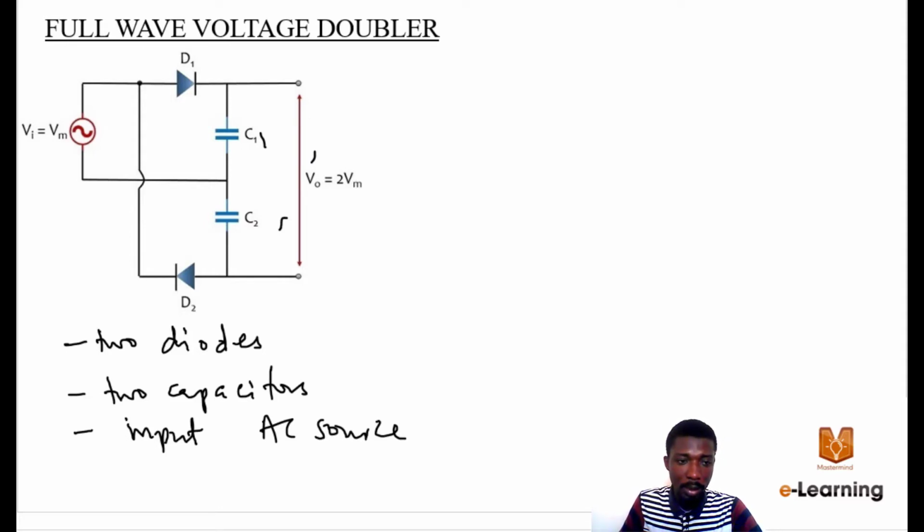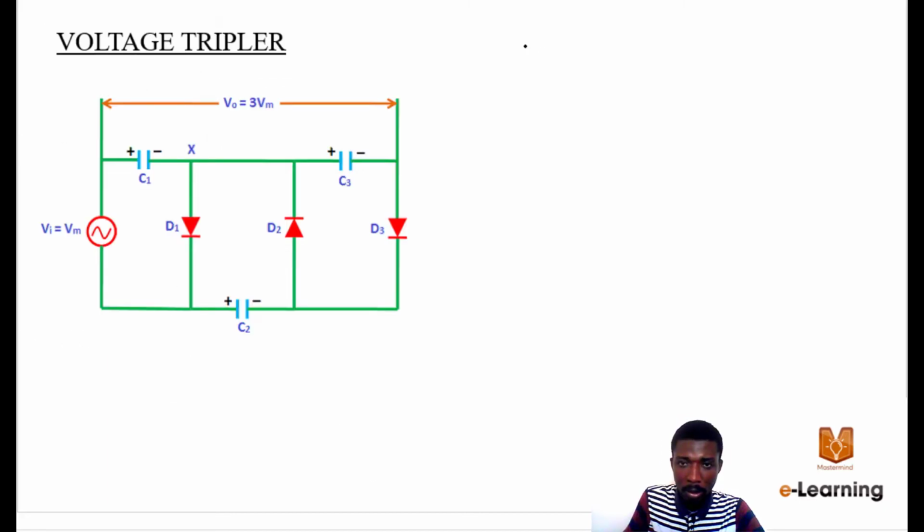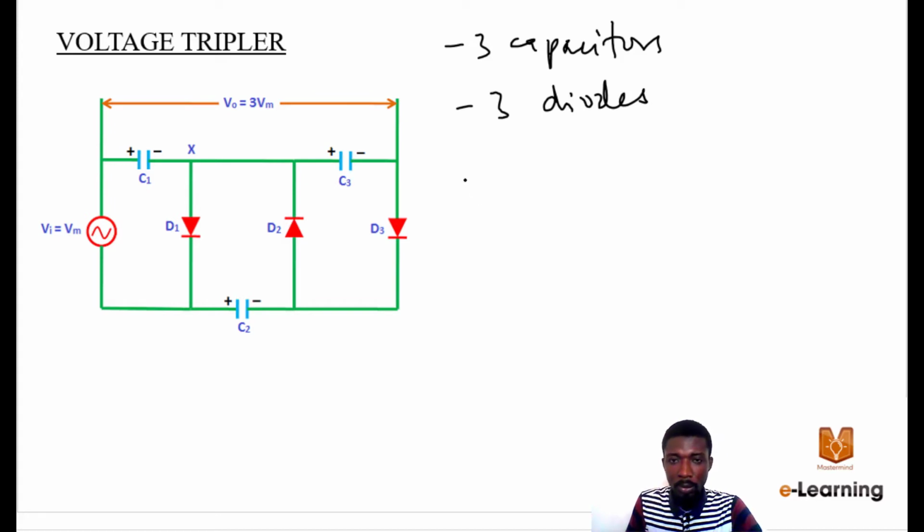Let's look at the voltage tripler. It consists of 3 capacitors. What it does is that it increases your input to 3 times, so it gives you an output that is 3 times the input.